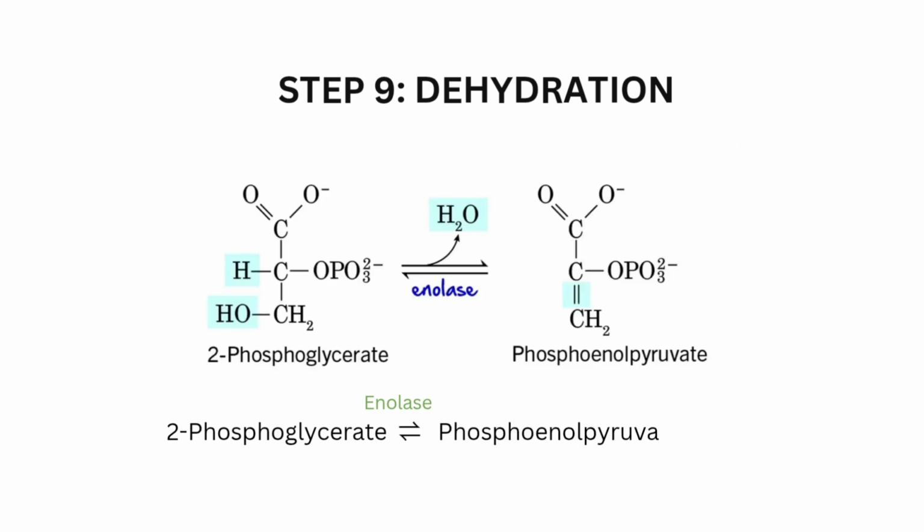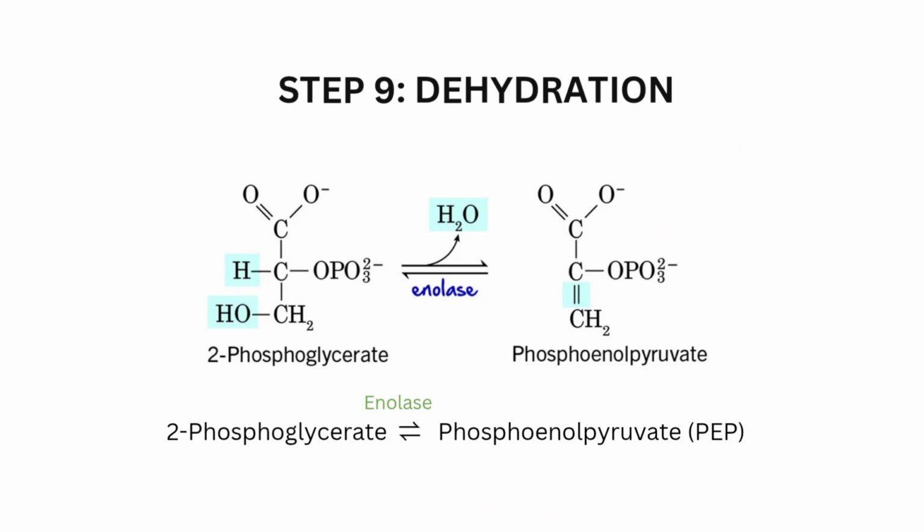So the next step is reaction 9 of glycolysis, which is a dehydration reaction. In this step, 2-phosphoglycerate is converted into phosphoenolpyruvate, also called PEP, by the enzyme enolase. During this reaction, a molecule of water is removed, which results in the formation of phosphoenolpyruvate, a high energy compound.